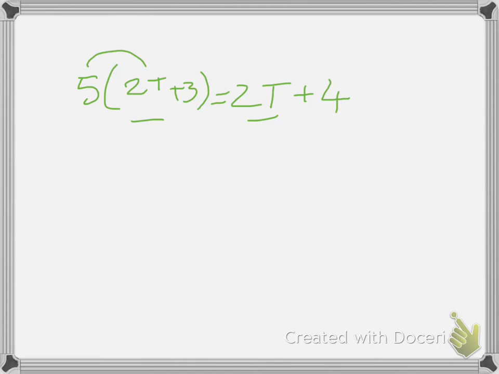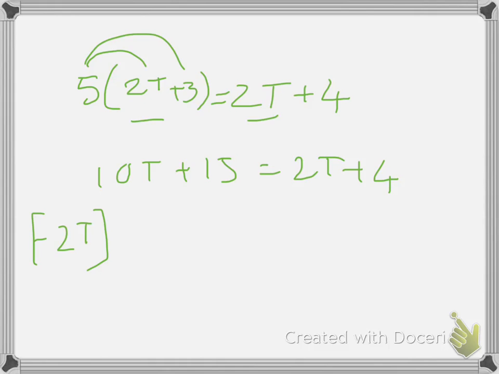I can see that when I multiply the 5 out I get 10t on the left. There's going to be more on the left, so I'll collect the t's on the left, plus 15, 5 times 3, equals still 2t plus 4. Right, collecting t's, so take away 2t from both sides of the equation. 10t minus 2t is 8t.